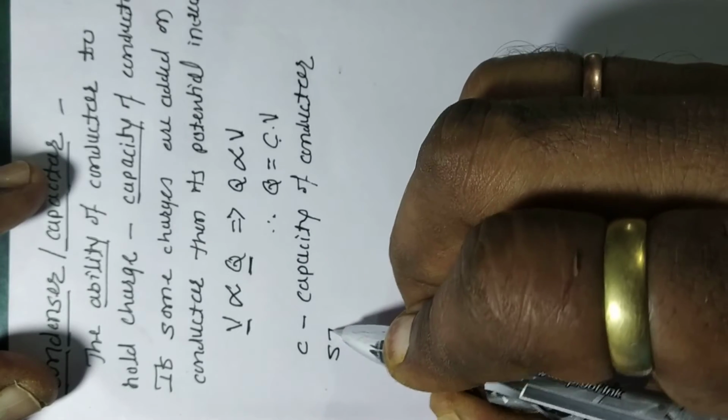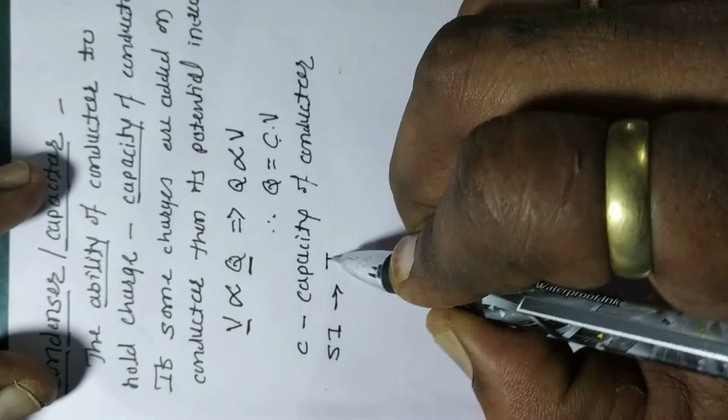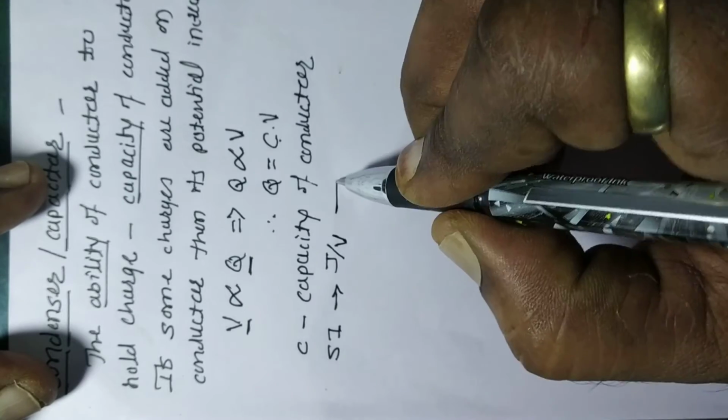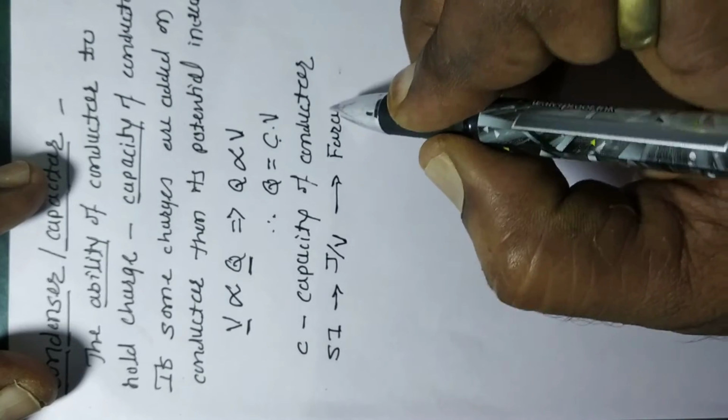SI unit of capacity is joule per volt, but convenient SI unit of capacity is farad, F-A-R-A-D.